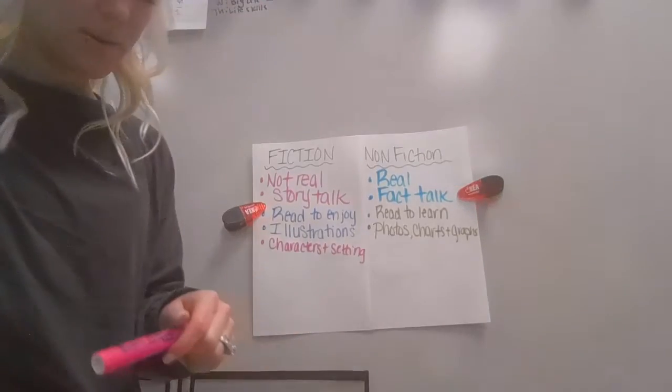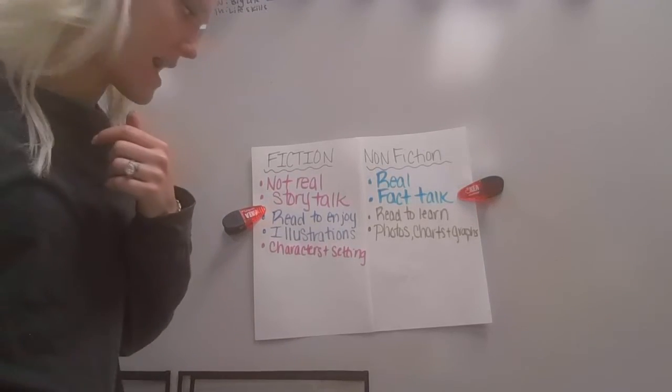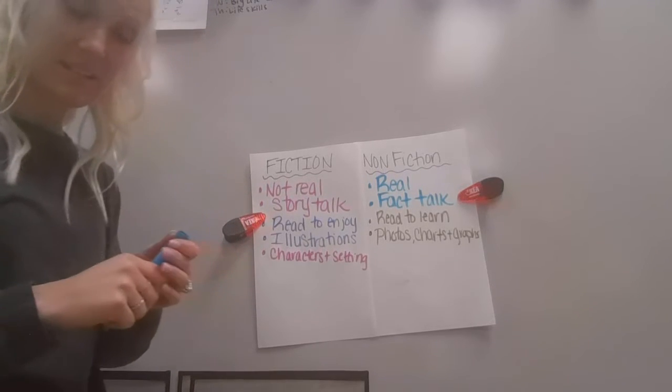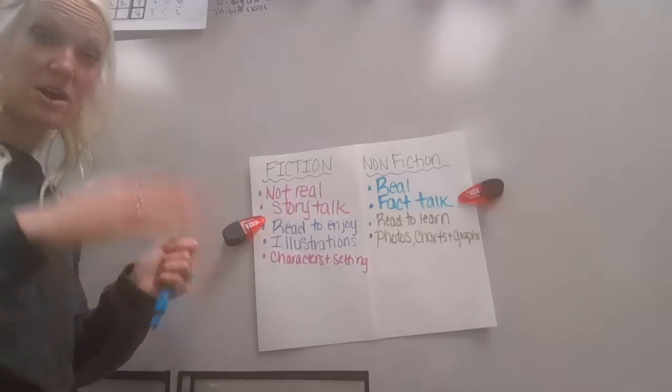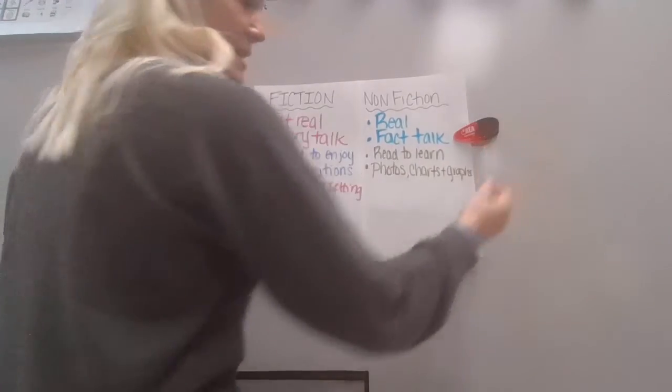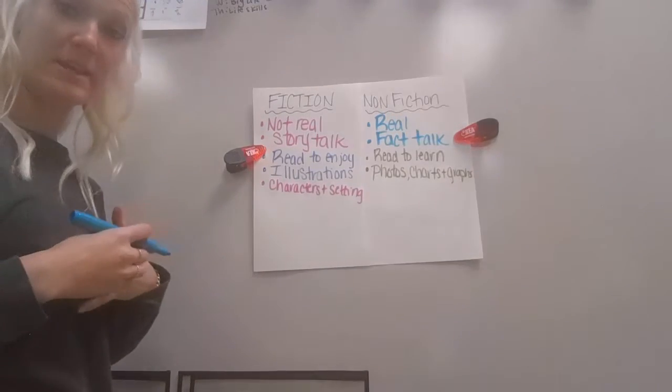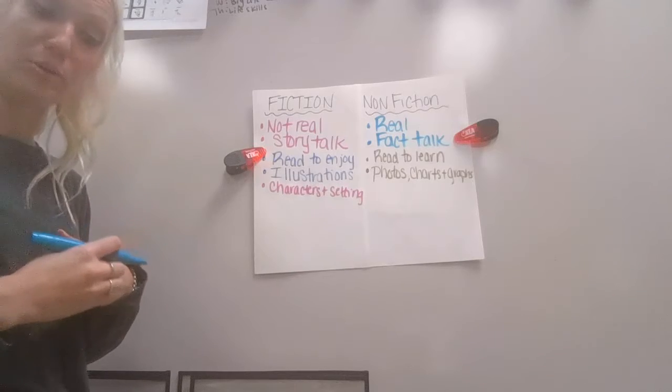And then for nonfiction with our facts, it's going to give us an index. So maybe at the beginning of our fact book, our nonfiction book, there's going to be an index and a glossary. Maybe there's definitions that are in bold print.